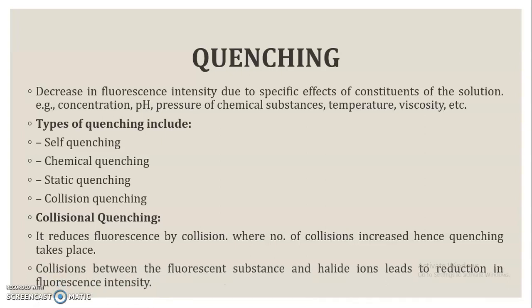Collision between the fluorescent substance and halide ion leads to the reduction in the fluorescence intensity. If our sample contains a halide as an impurity, collision between the fluorescent substance and the halide leads to the reduction in the fluorescence intensity. So this is the first type of quenching.